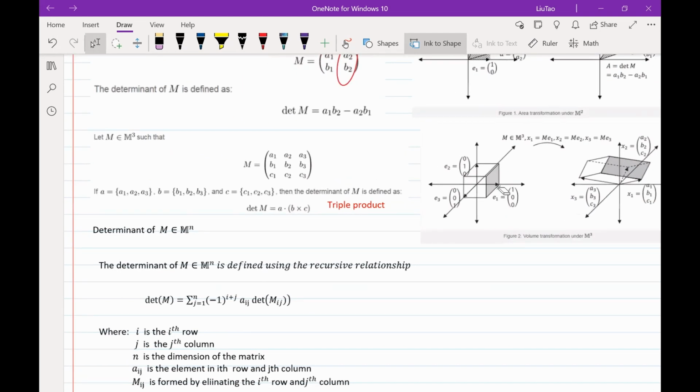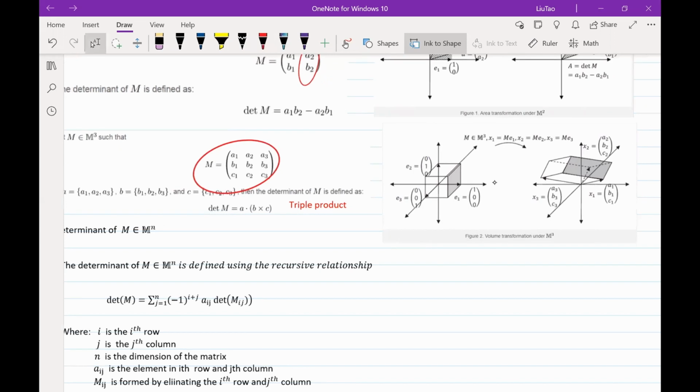Now let's take a look at the determinant of the 3 by 3 matrix. If we have a matrix which is A1, A2, A3, B1, B2, B3, and C1, C2, C3, then the determinant of the matrix is the triple product we learned in our first lecture. And we know the triple product represents the volume.